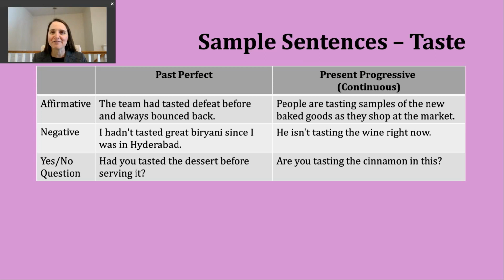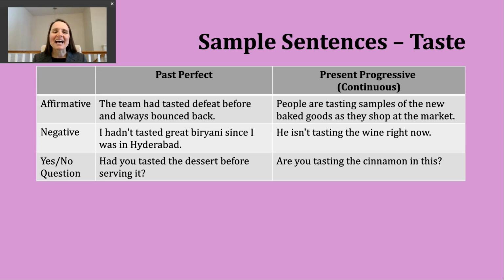I spent a few weeks in Hyderabad about 8 years ago. Had a great experience. Ate some wonderful food, and their biryani is known, I think, worldwide. I've tried it since coming back to the United States, but it just isn't as good as it is in India. No surprise there.